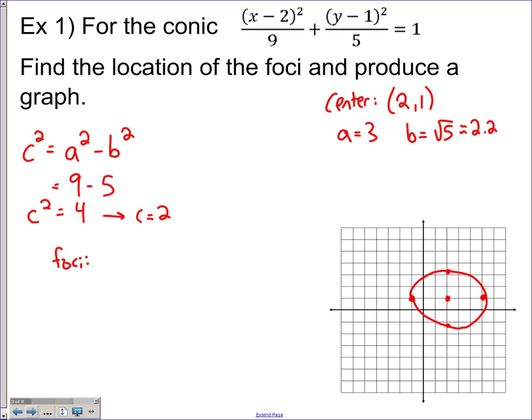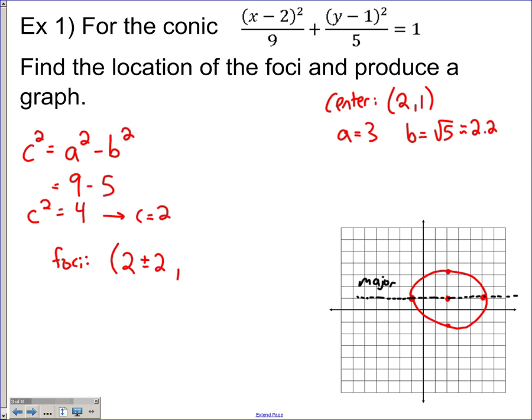Now we know that this is our major axis, the horizontal. So for the foci, I'm going to take my center point, which has an x value of 2, and I'm going to add and subtract 2 from that to get my new x values.